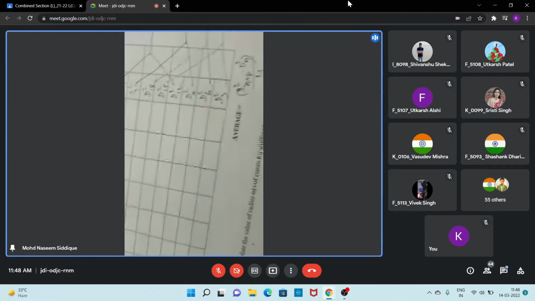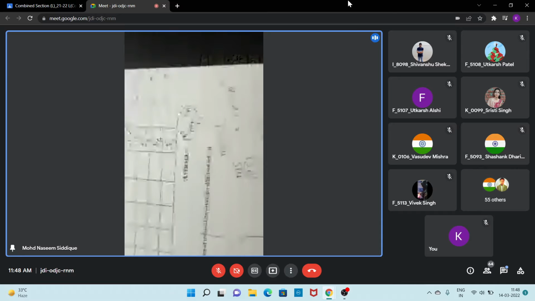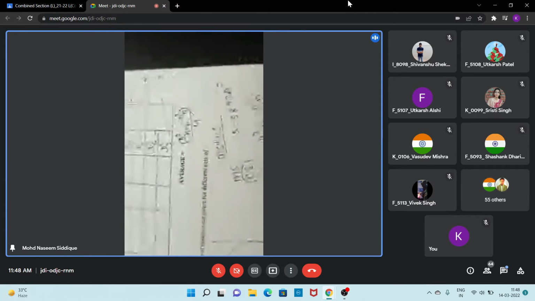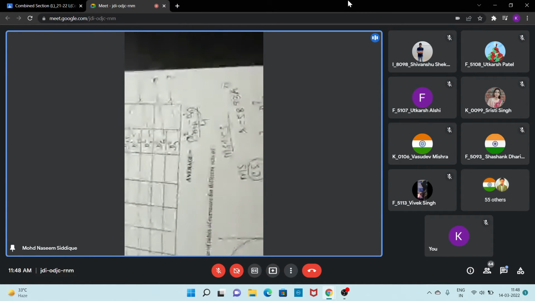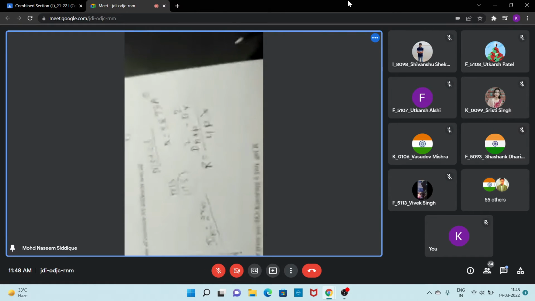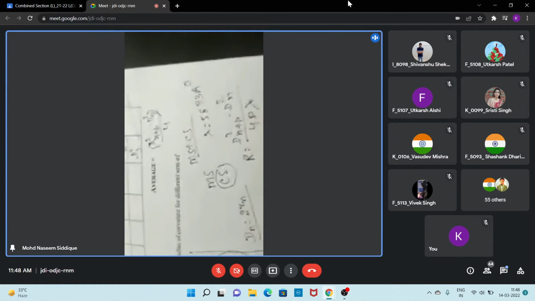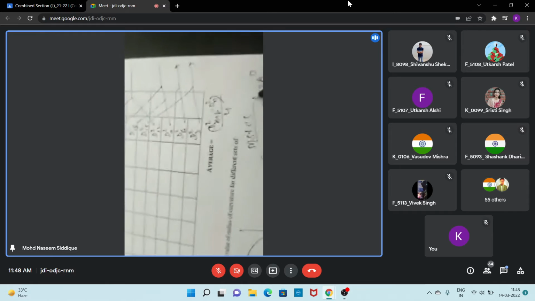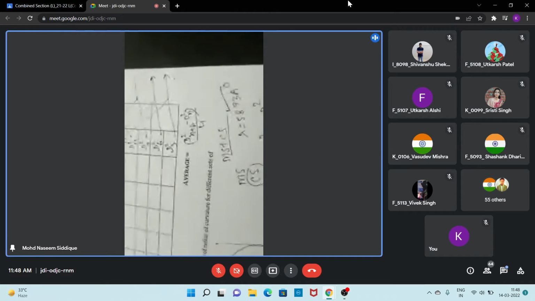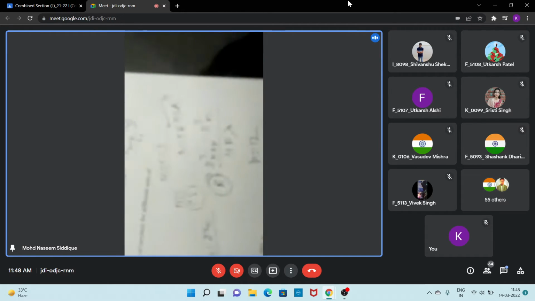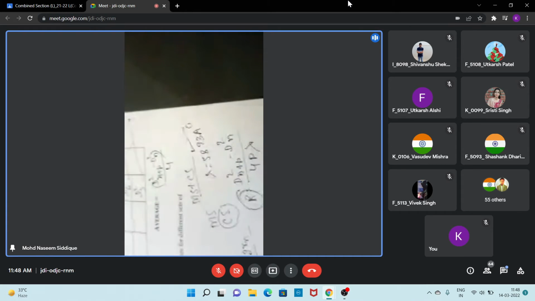So from here we will calculate D square n plus p minus D square n upon 4p lambda. Okay, p is equal to 12, you have already considered. Lambda is given. So we can find the value of the radius of curvature of the plano-convex lens.